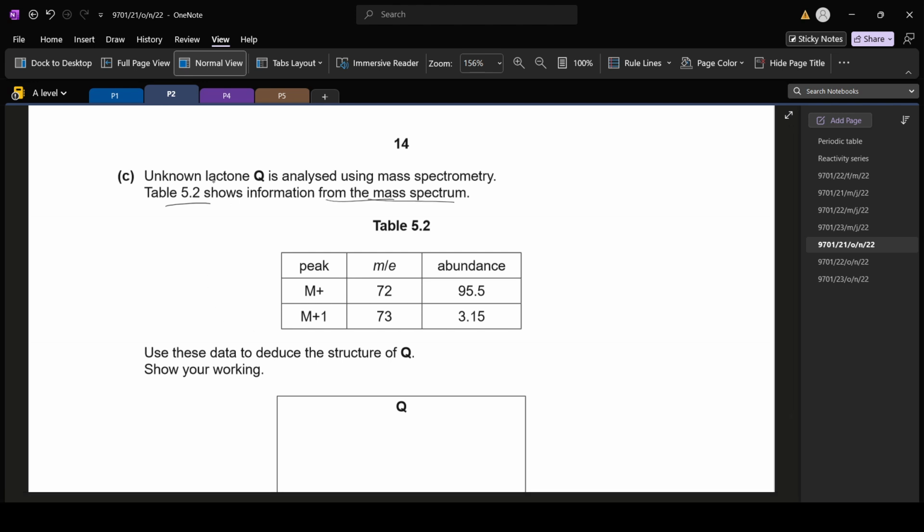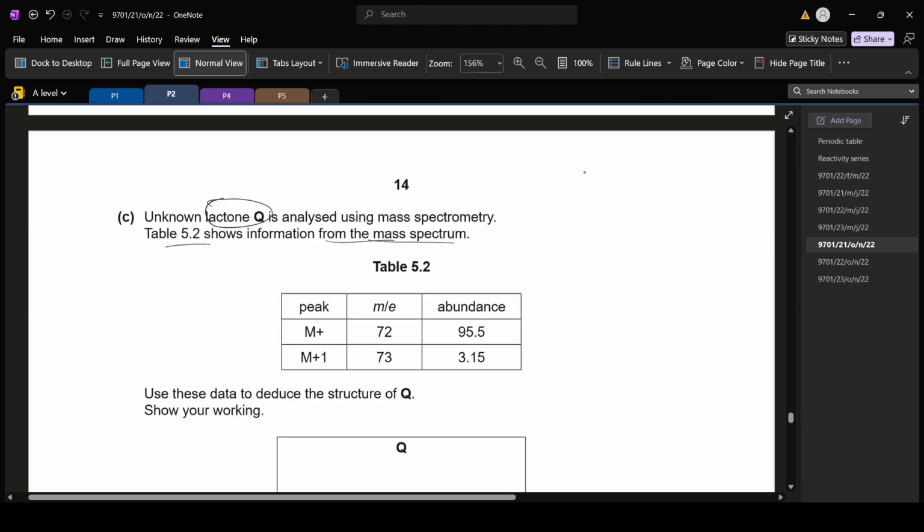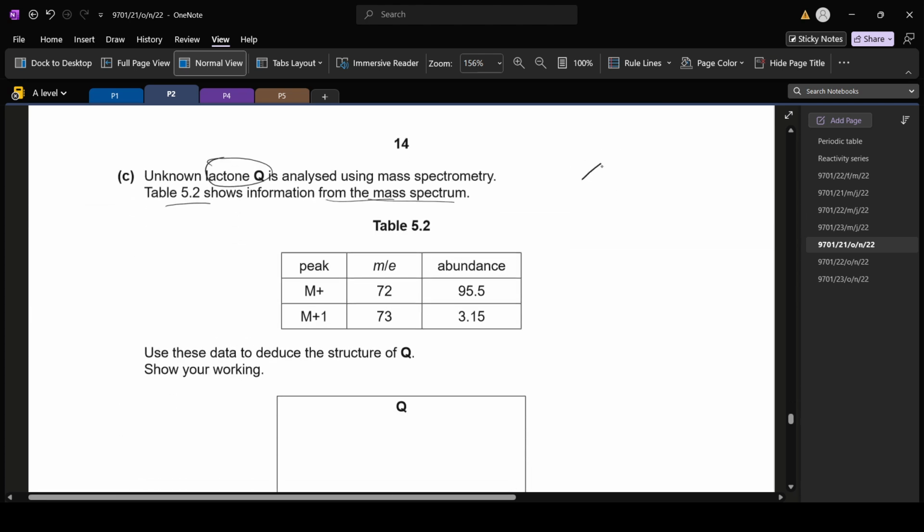Table 5.2 shows the information from the mass spectrum. So it told you that this is a lactone. You know that lactones are cyclic esters, like this. Sorry, they are cyclic esters. So Q is a lactone, so it must be a cyclic ester.